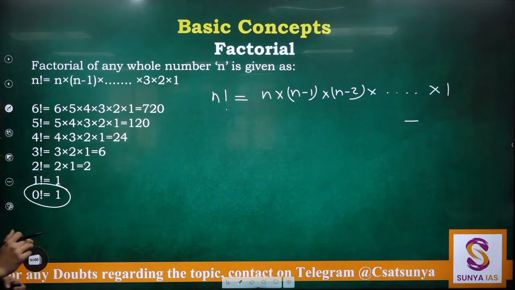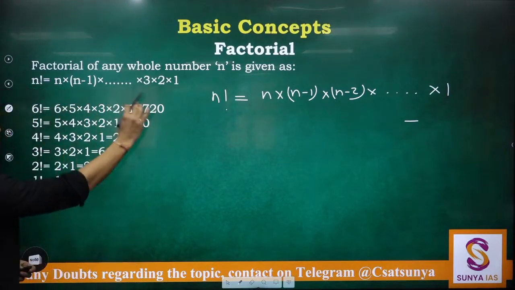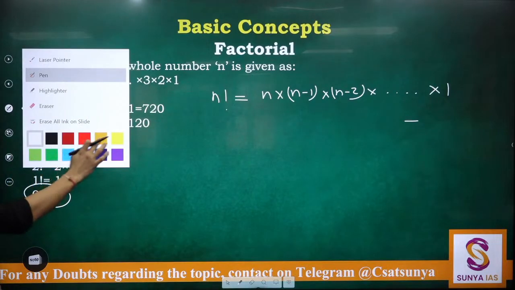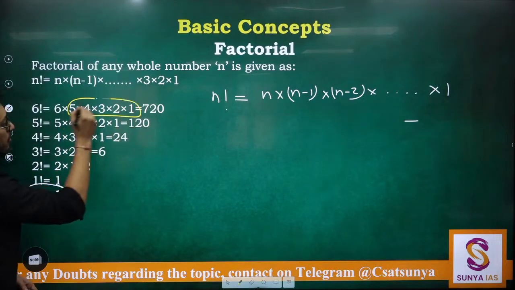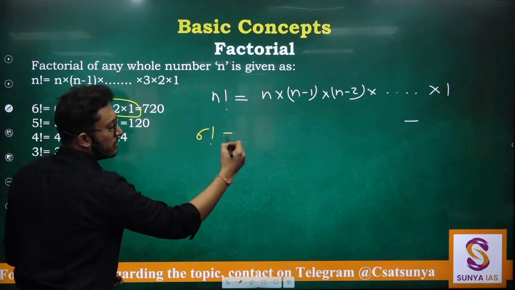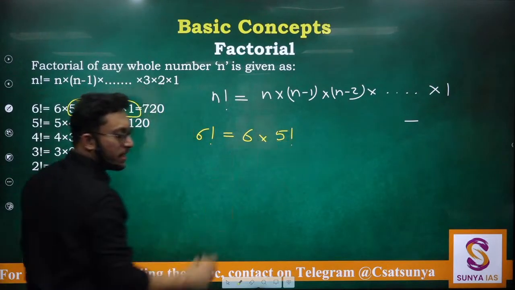0 factorial is 1. Now what you can see is, let's say this is 6 factorial. Can you tell me what this is? This is 5 factorial. So can I write 6 factorial as 6 into 5 factorial? Can I write this?